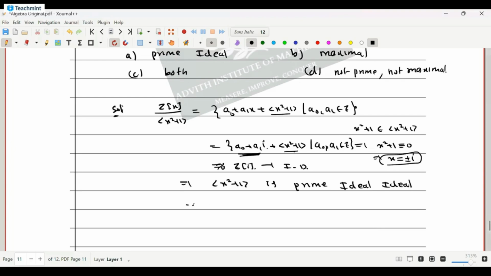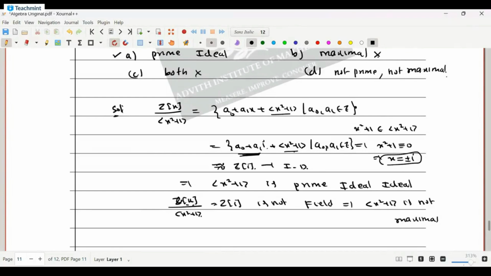So therefore Z over I is not a field, which implies the ideal generated by x square plus 1 is not maximal. Z over I is the Gaussian integers. So this is a prime ideal, but not maximal.